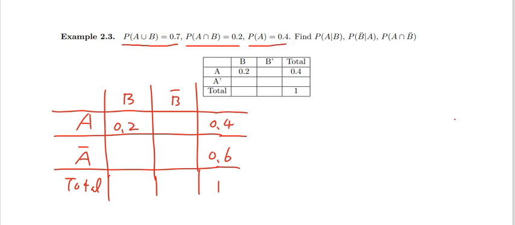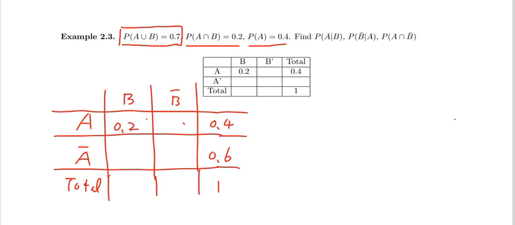We put this information into this table. P(A) equals 0.4, then A bar is 0.6, right? Okay, so then what is this part? A or B?